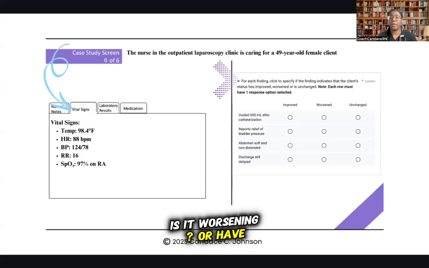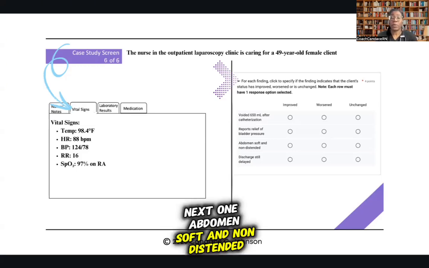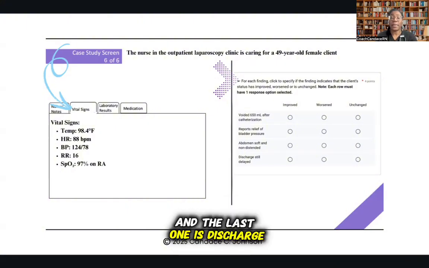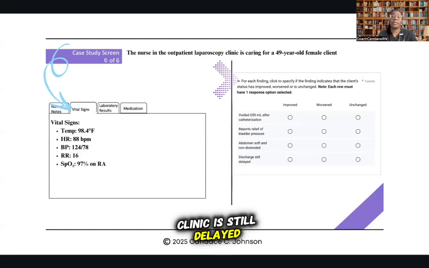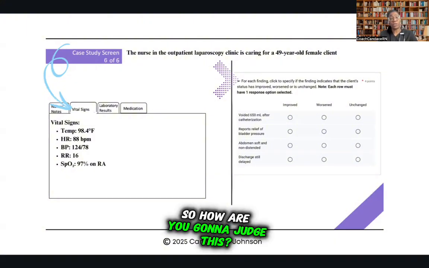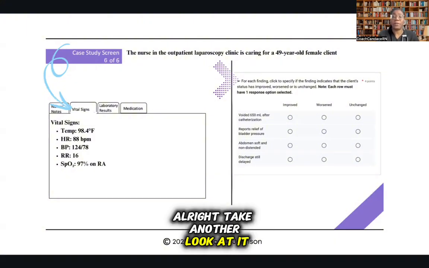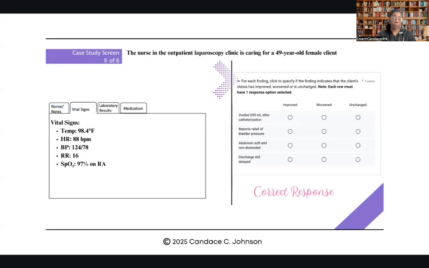Is it worsening, or have things remained unchanged? Next one, abdomen soft and non-distended. And the last one is discharge still delayed, meaning the patient's discharge from this clinic is still delayed. So how are you going to judge this? Take another look at it.